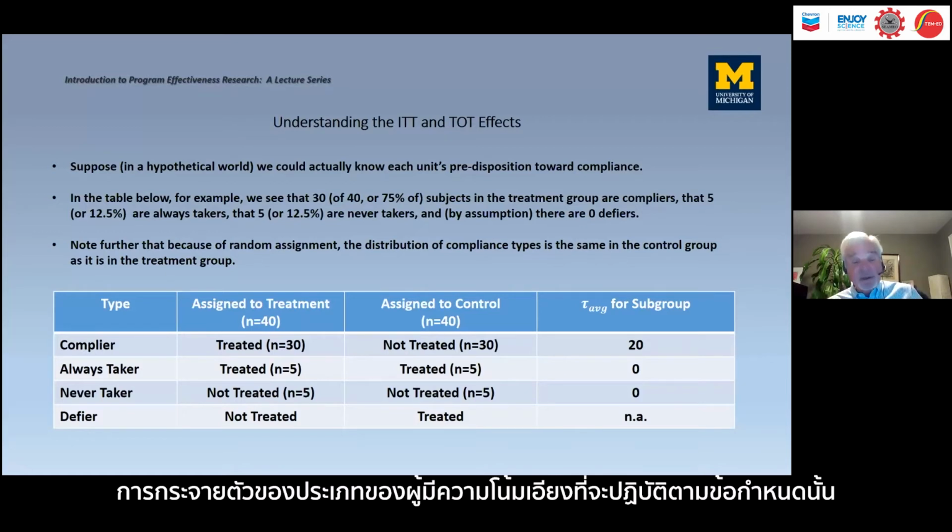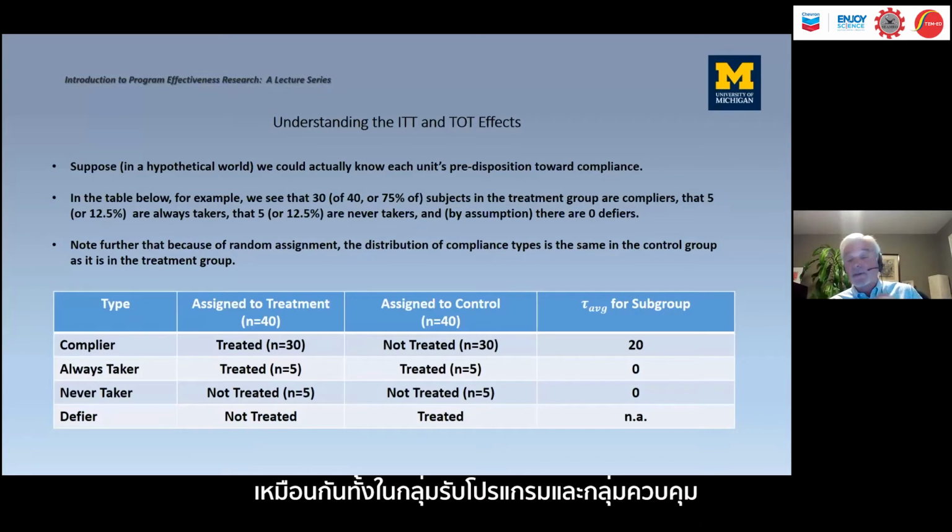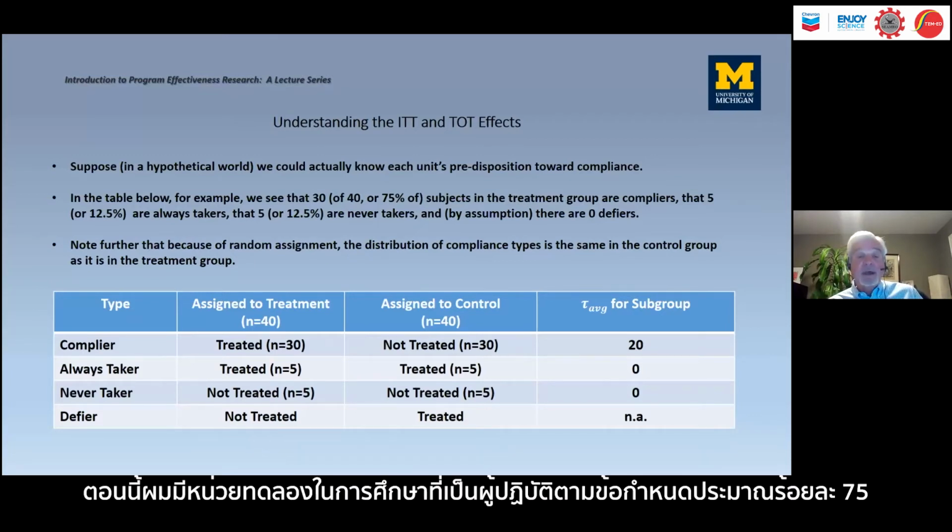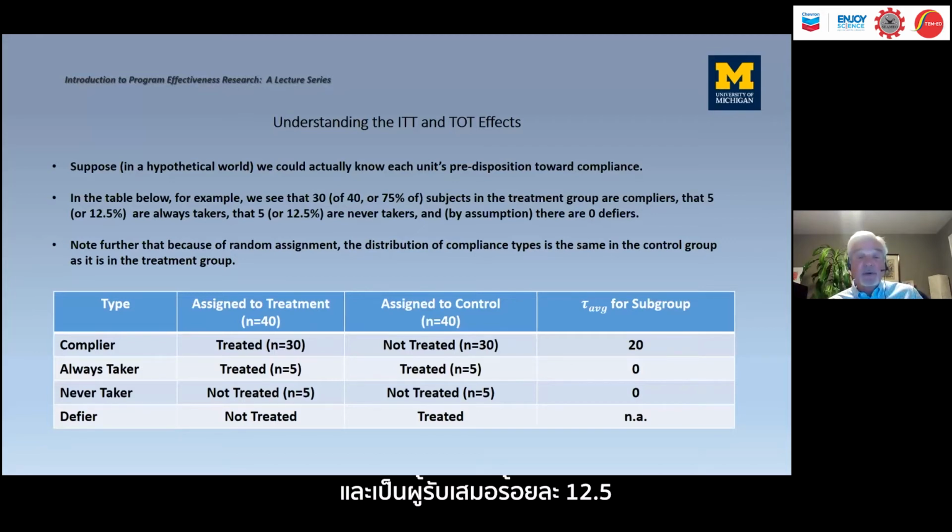We see that the distribution of those compliance predisposition types is the same in the treatment and control group. In the hypothetical I have here, about 75% of the units in the study are compliers. Another 12.5% are always takers, another 12.5% are never takers, and by assumption, there aren't any defiers. Okay, so that's the basic setup.